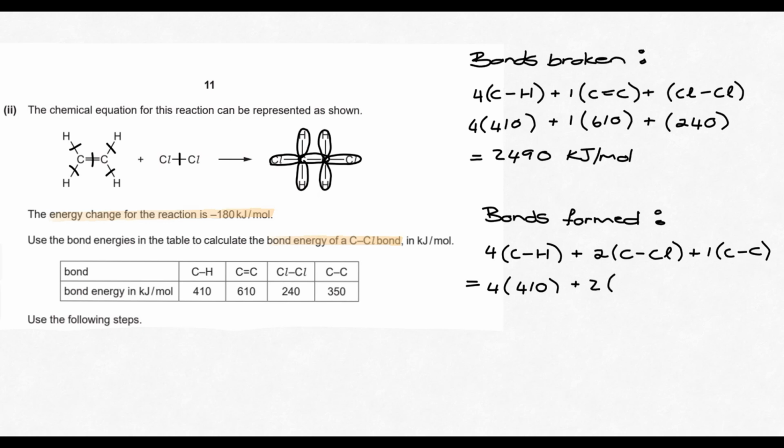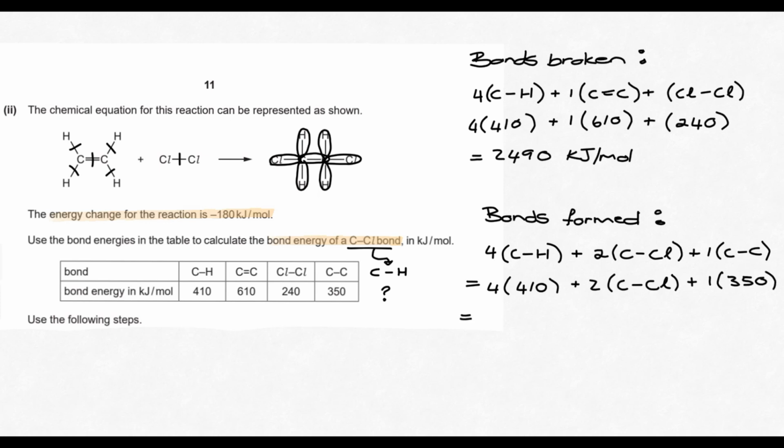My carbon-chlorine bond has an energy value of, we don't have an energy value here because that's the one that we need to work out. So we're just going to rewrite it as 2 carbon-chlorine. And then my carbon-carbon bond has an energy value of 350 kilojoules per mole.